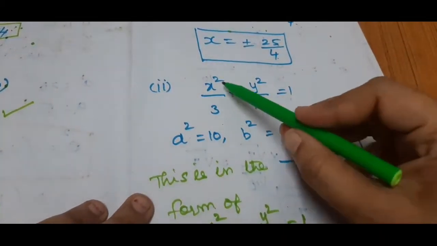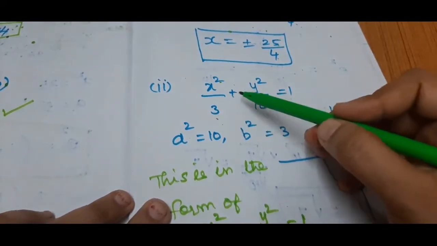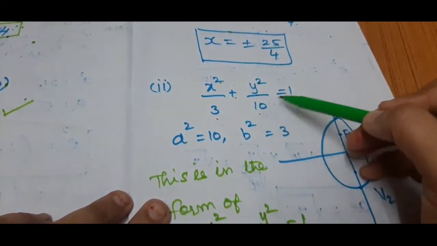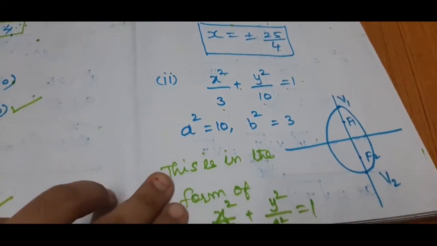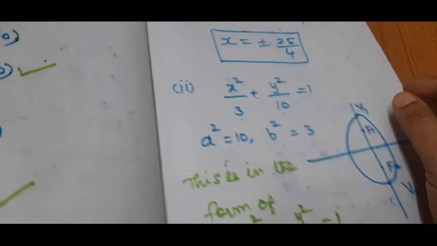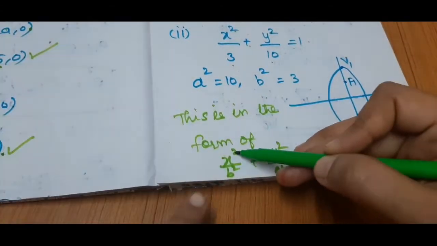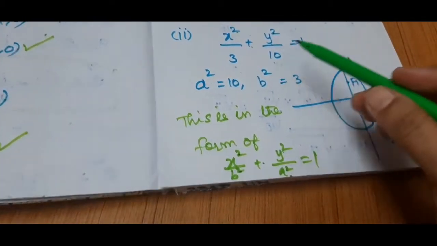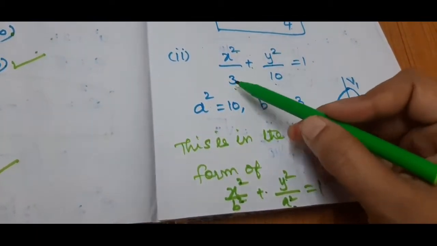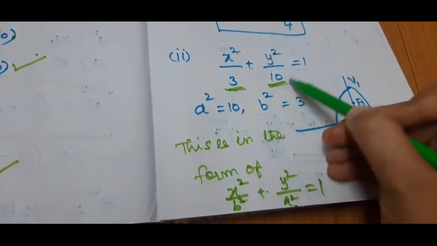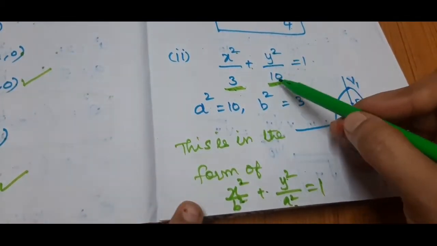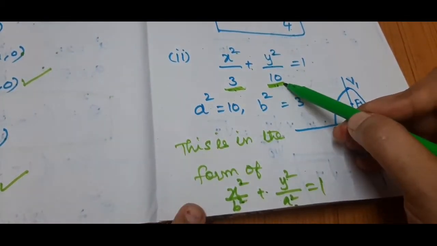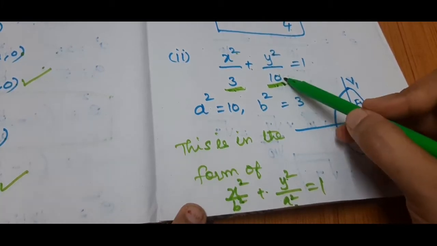Now the second question is x square by 3 plus y square by 10 is equal to 1. So this is in the form of x square by b square plus y square by a square, because just look at the number in the denominator. Which number is the greatest number, that you should take as a square.